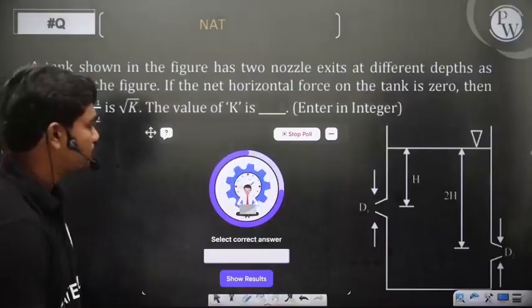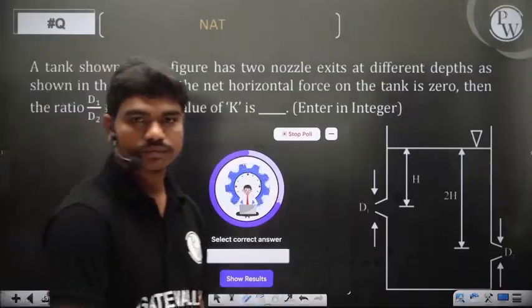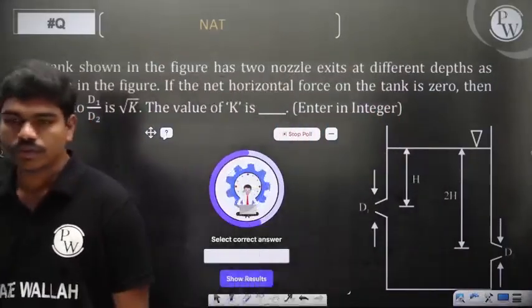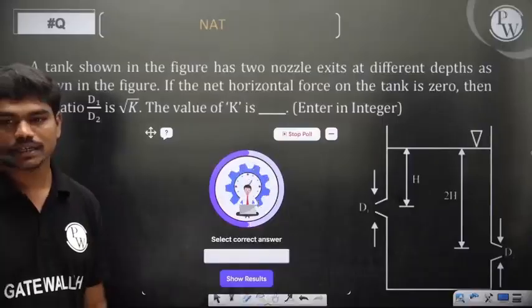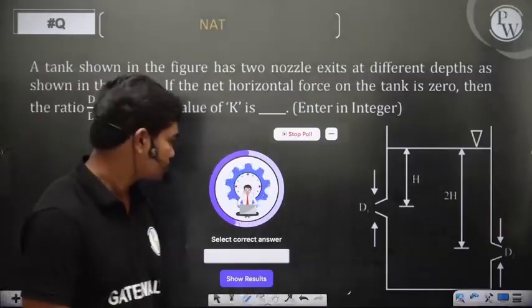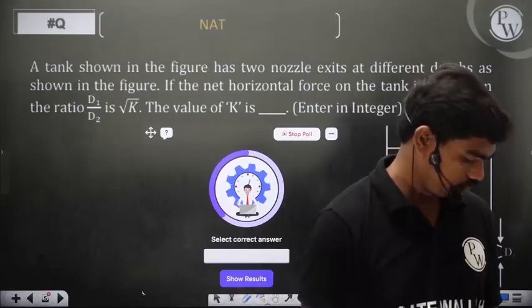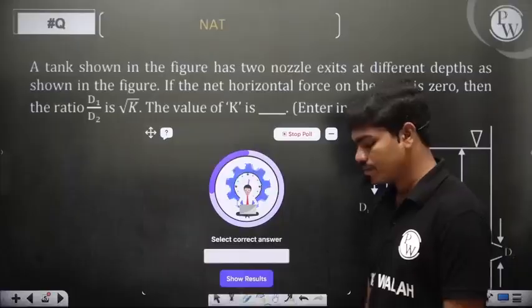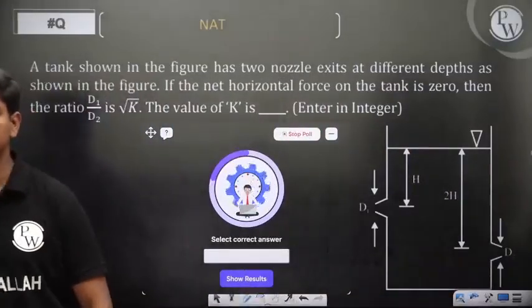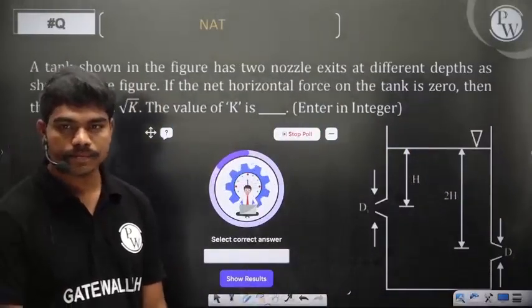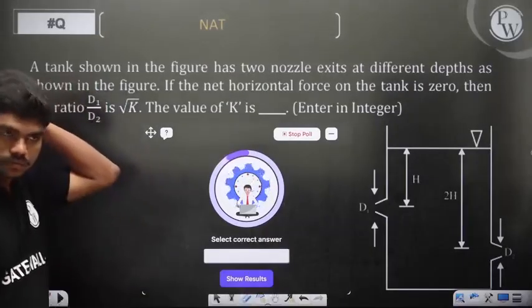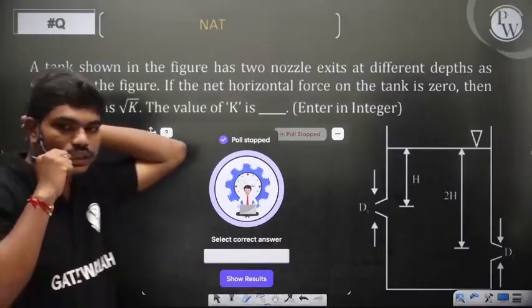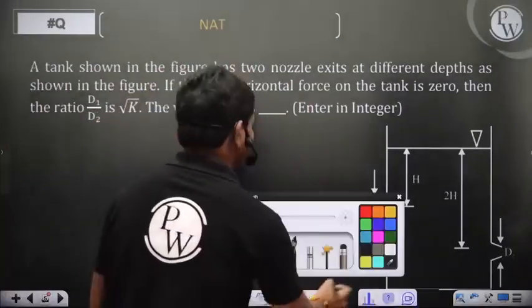Come on. अगर आपने सॉल्व किया तो आंसर एंटर कीजिए. 30 सेकंड्स दिया मैंने आंसर एंटर करने के लिए. Okay. Fine. So कितना आया आंसर?